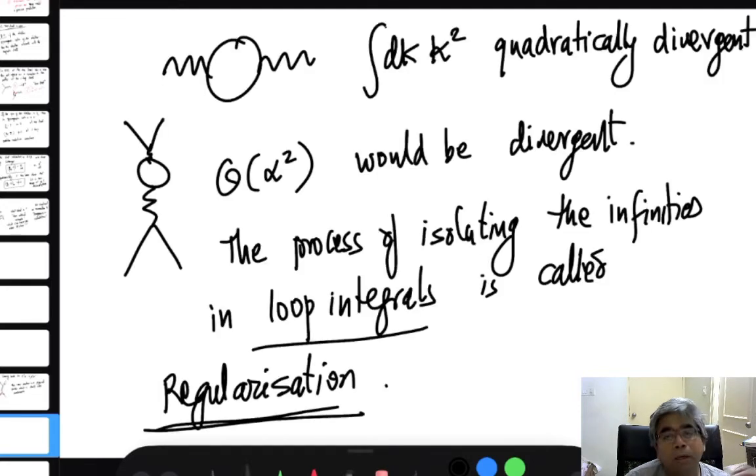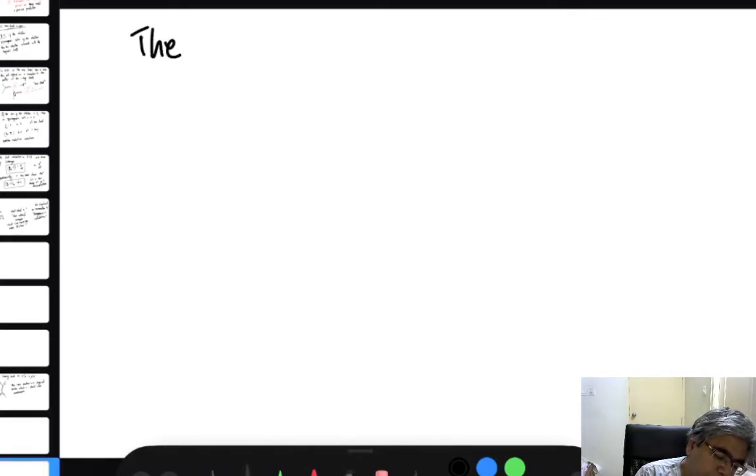this particular integral, essentially. And so these infinities are isolated. Now what you can say is that if there are some physical parameters in your theory, say for example, let's just take the parameters. Then the next process is called renormalization.